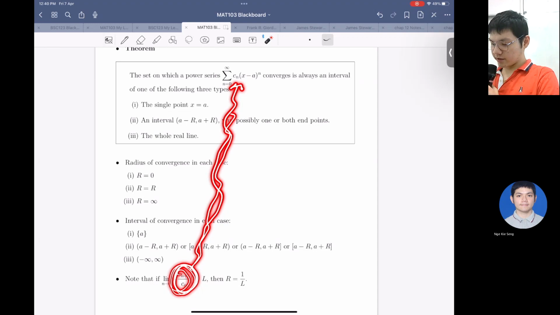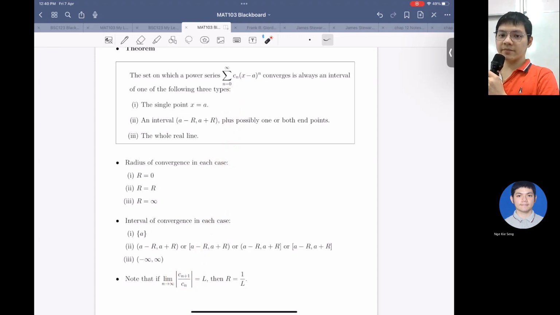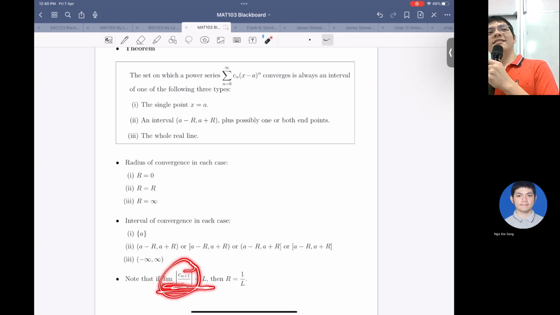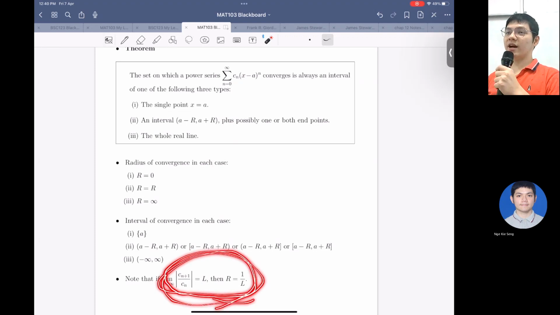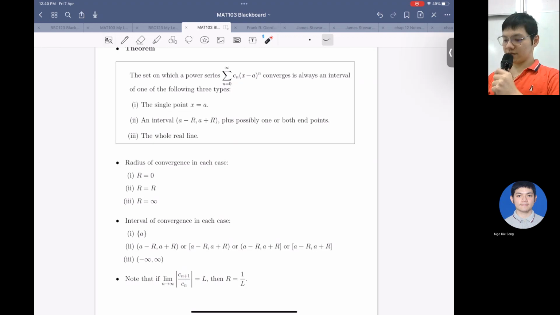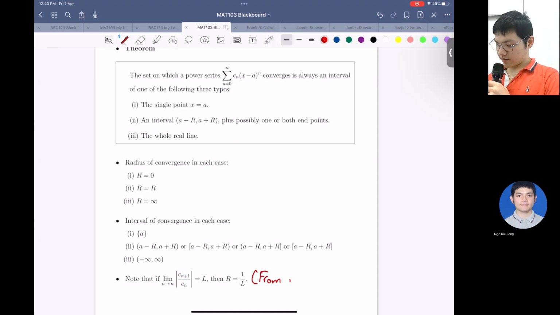This Cn is actually coming from the coefficients of your power series. But what is this? This is just the ratio test. So they give you a general method here, but this method is really coming from the ratio test. So this is a remark from the ratio test.